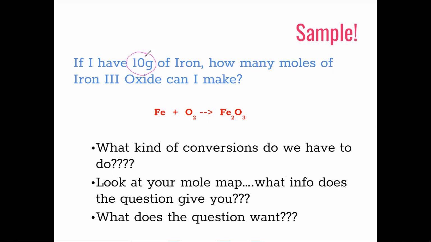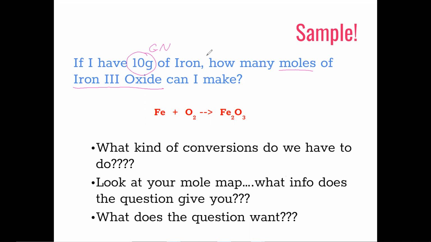So right away, you should know that that is your given number. The problem is asking for how many moles of iron 3 oxide. So 1, it requires you to know what the question is asking for, and 2, you have to know what iron 3 oxide even is, okay?